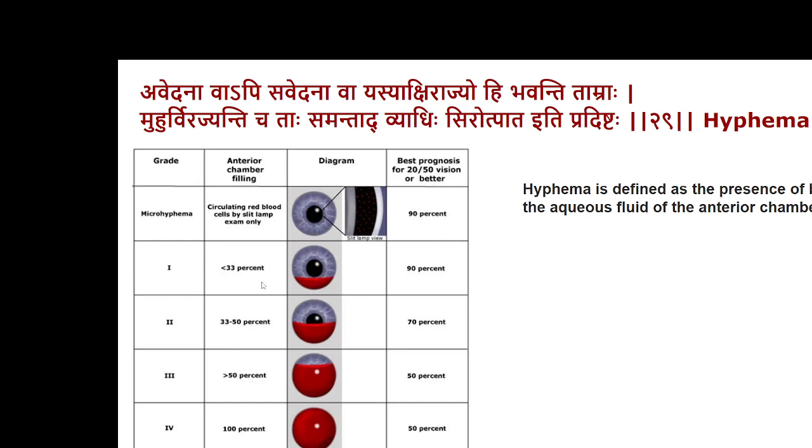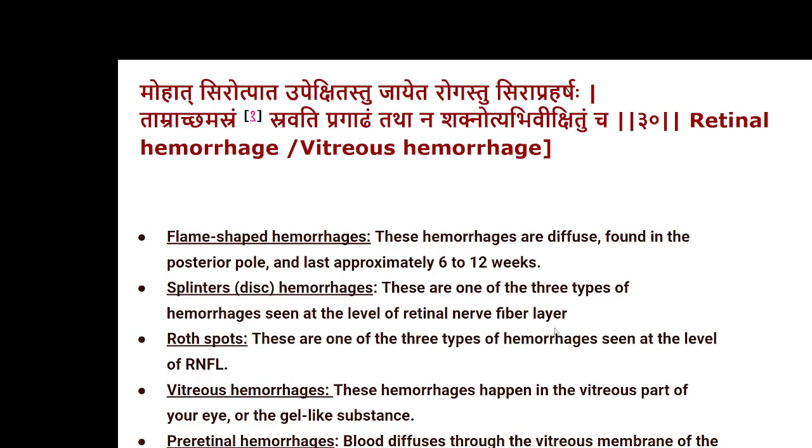When it is less than 12%, grade 1, 12 to 30%, grade 2, above 30%, grade 3, and 100% is grade 4. So this is how it is classified, and it's one of the most troublesome conditions which we see in clinical practice, though rare, not common.